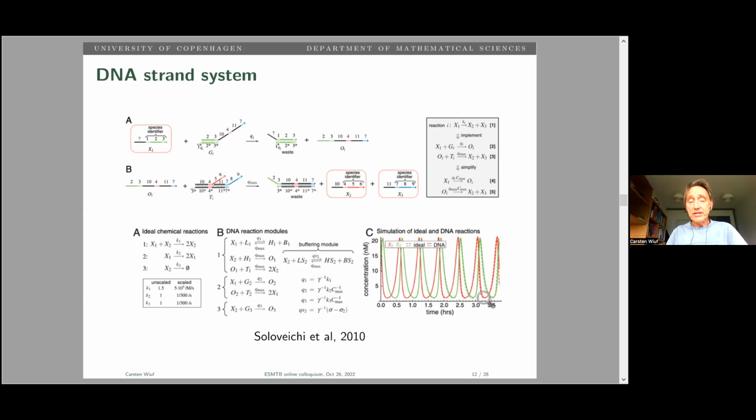And the dashed lines are the same species in the DNA strand system. So you see after some time there begin to be some discrepancies, but this only appears after some time. So essentially, the DNA strand system replicates the original reaction network. And this you can do for arbitrary reactions with an arbitrary number of species and arbitrary stoichiometric coefficients.